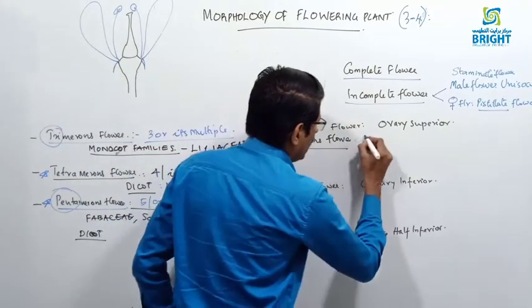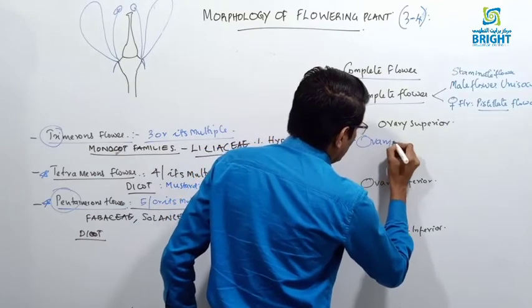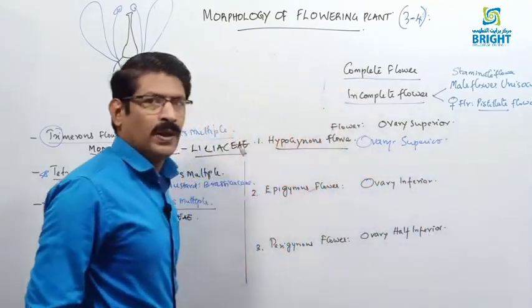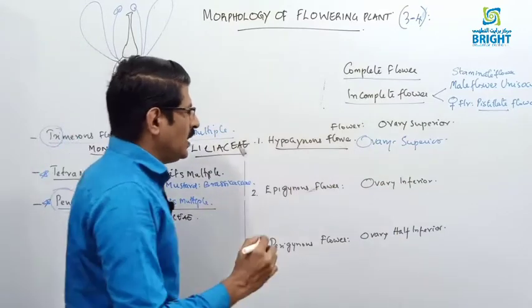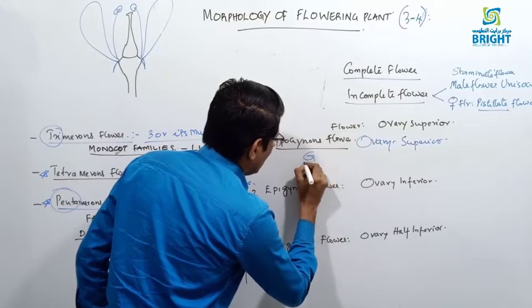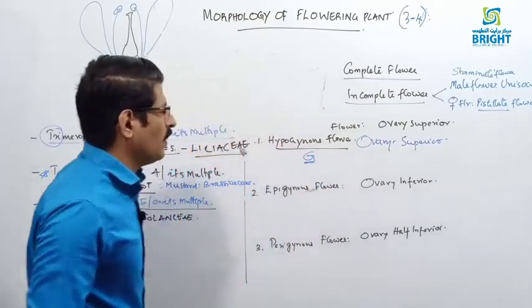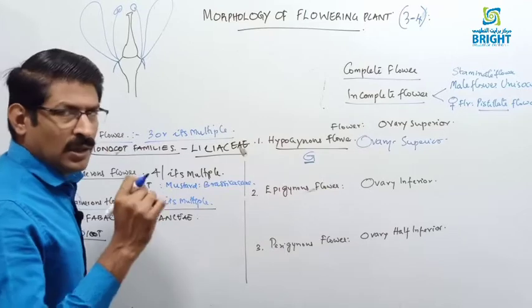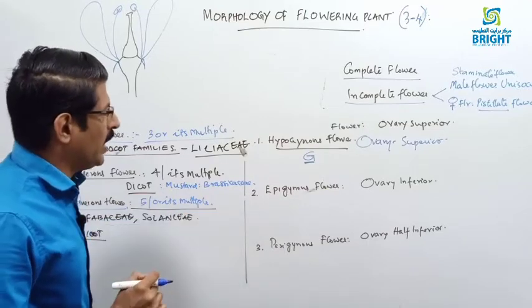So the ovary is superior. It is a superior ovary, and it is represented in the floral formula by G underlined. When G is underlined in the floral formula, it represents that the flower is hypogynous.